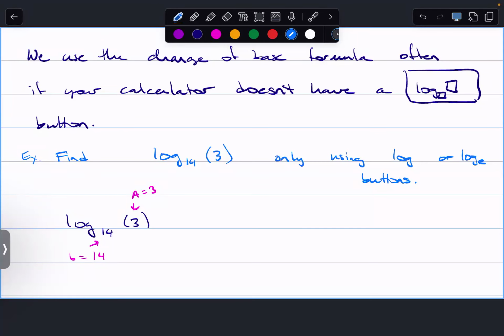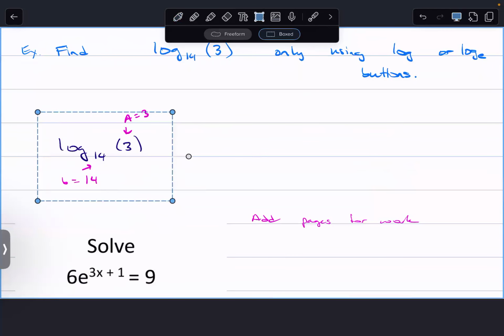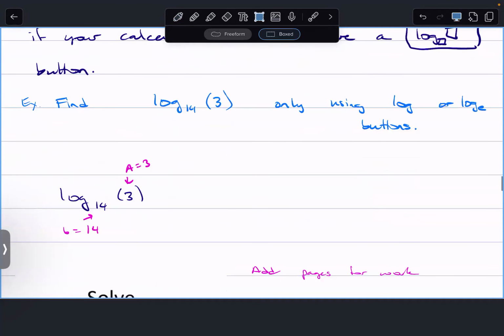And the change of base formula, bump this down here, says that the log base b of a is the same as log base c of a over the log base c of b.